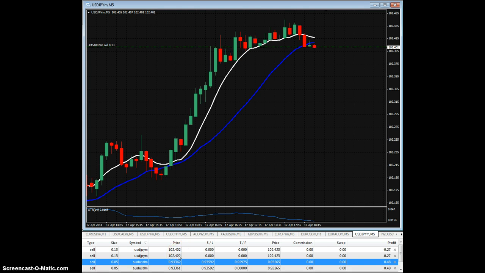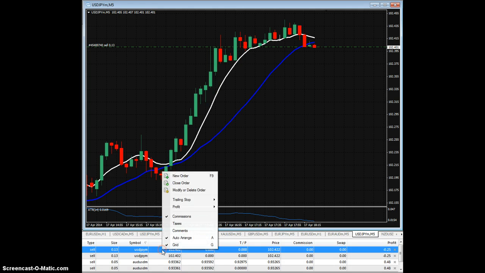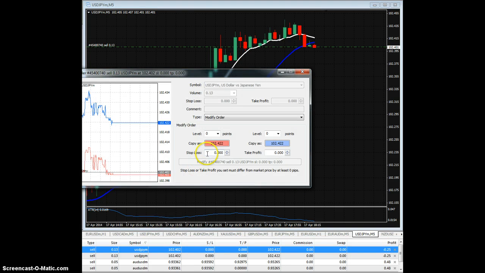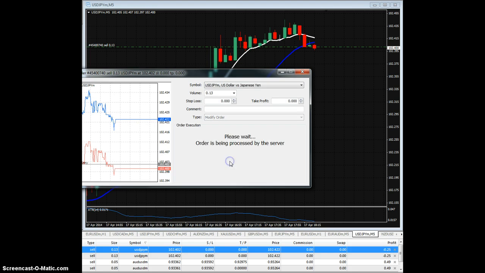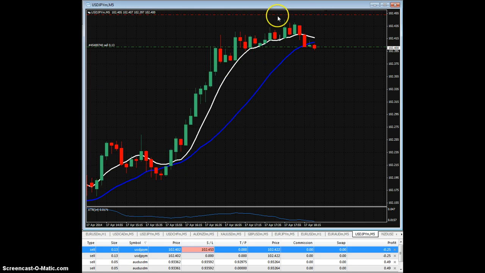Now the next thing I need to do is put in my stop losses, so I can limit my loss. So I go in here and I modify it, and I put my loss in as 102.453, and I hit that, and you can see it put in this red line.